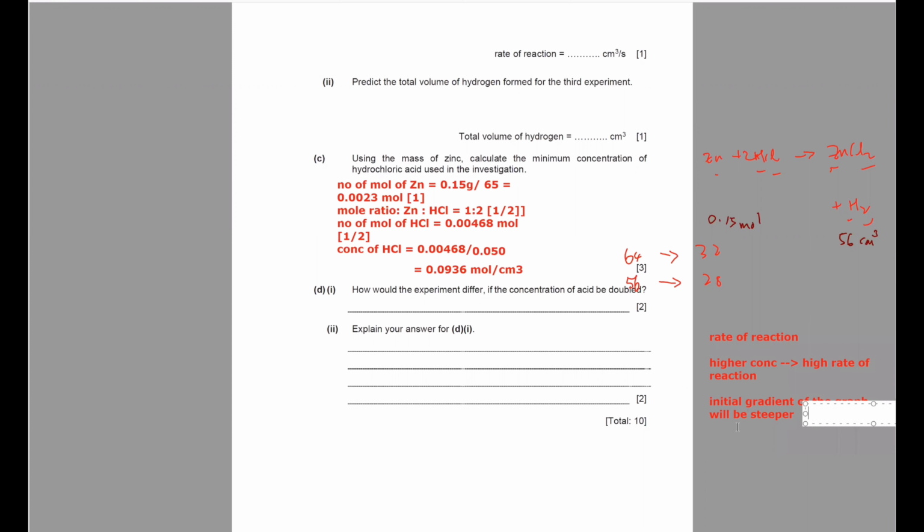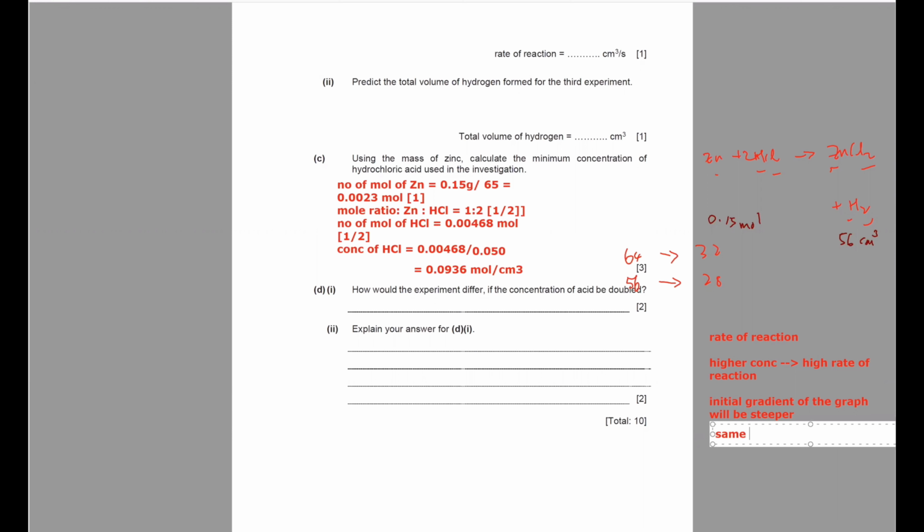Then something else: the amount of metal still remains the same. So the excess reagent is actually the acid. Because the limiting reagent in this reaction is the metal, not the acid, the amount of gas produced will be the same as before.